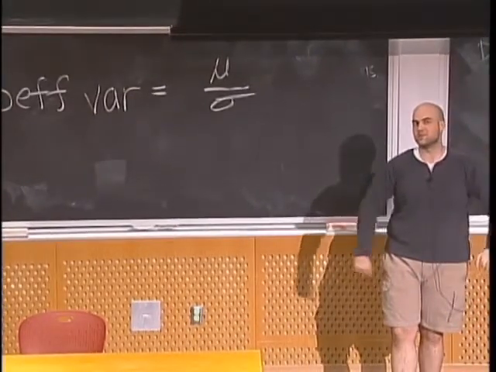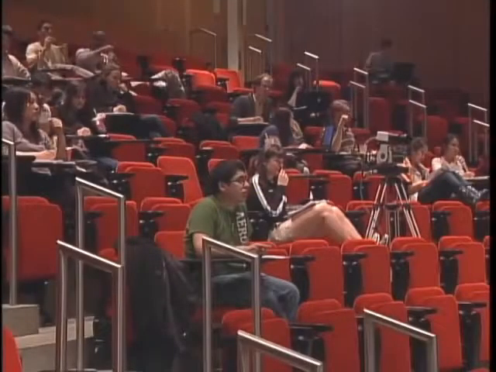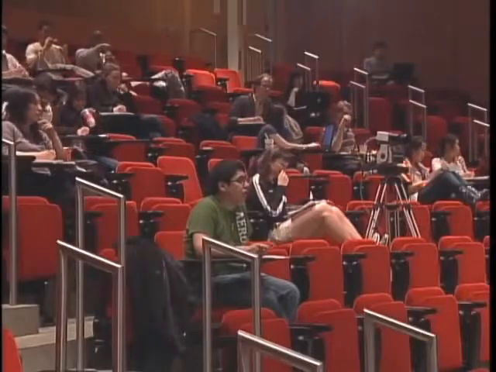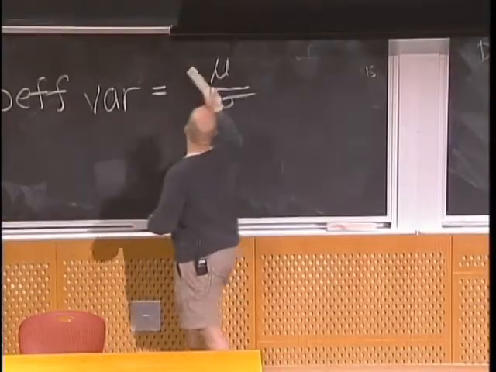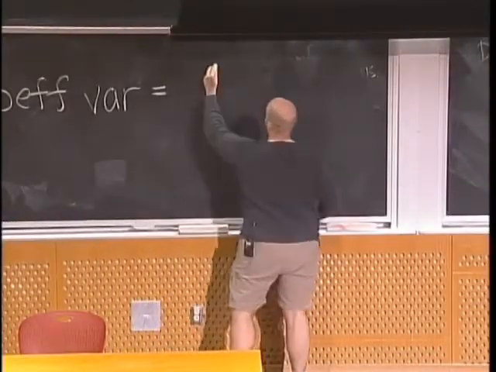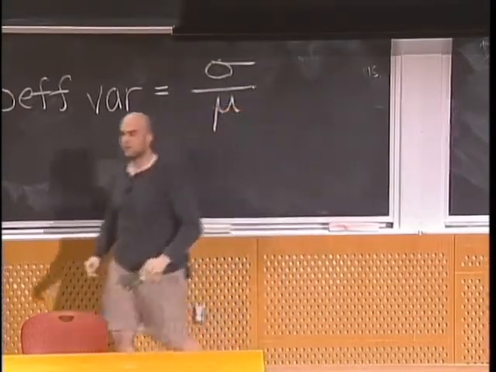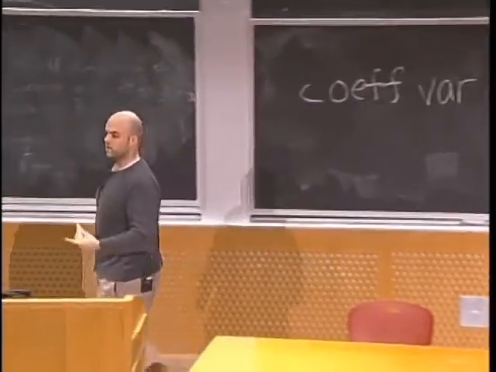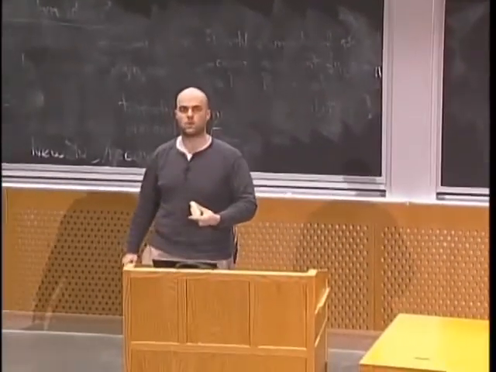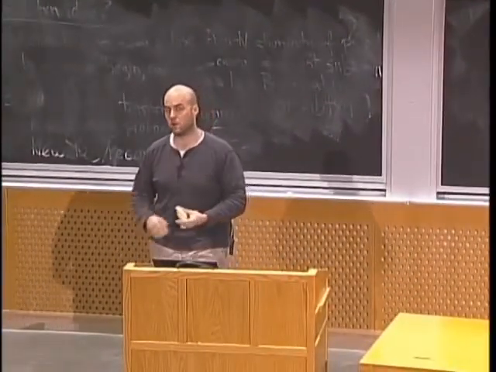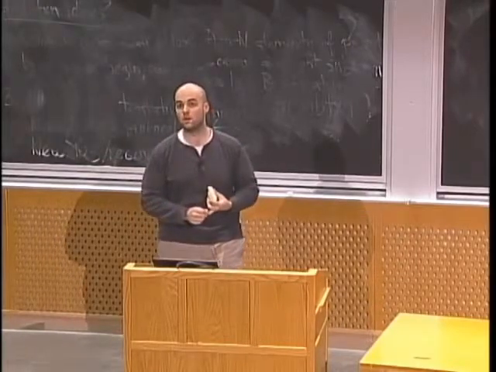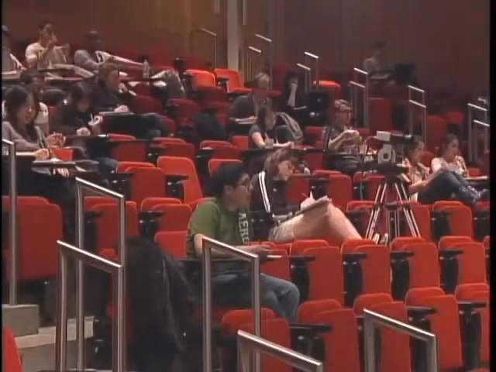No, it's the other way around, right? Coefficient of variation is the standard deviation divided by the mean. What does this tell you? Like, what sort of information does the coefficient of variation tell you? Anyone?